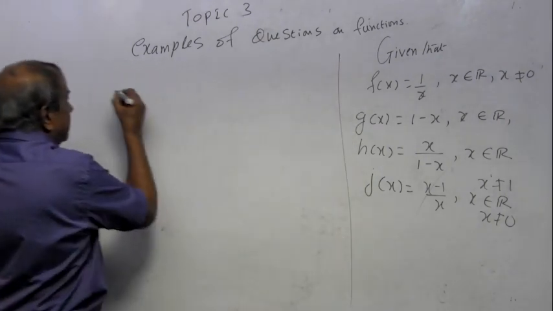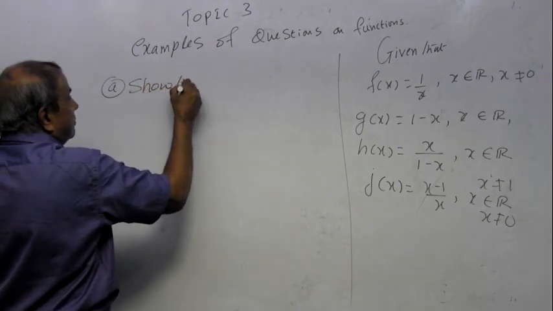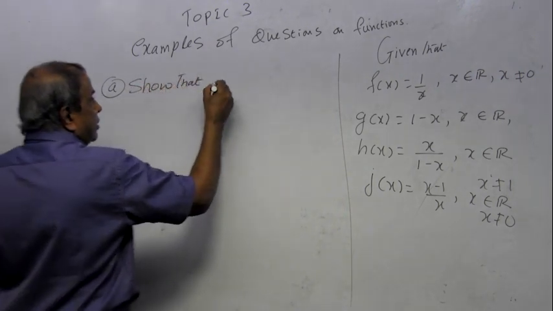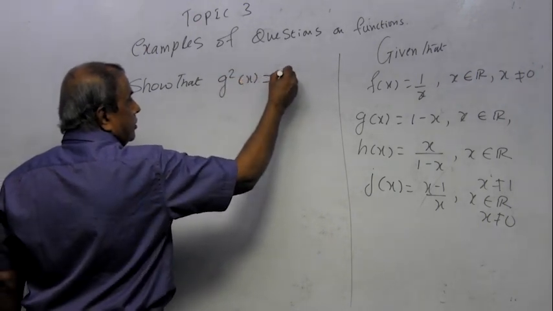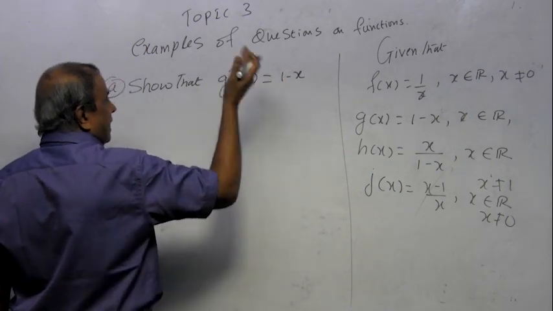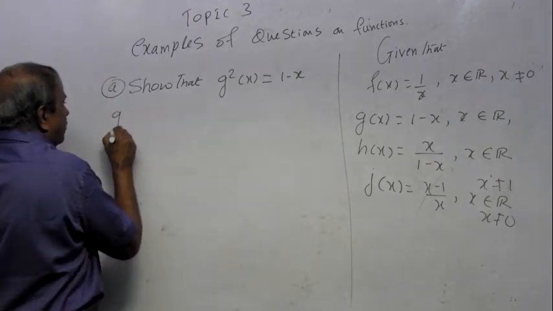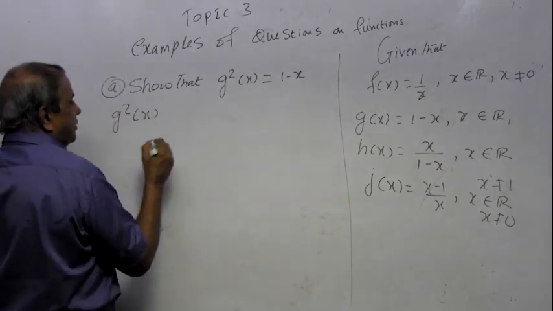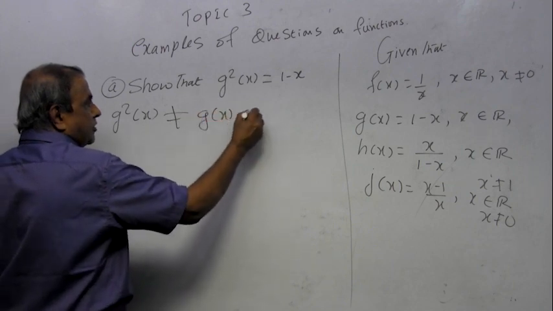Part A. Show that g squared of x equal to x. So what is g squared of x? G squared of x is not g of x times g of x.